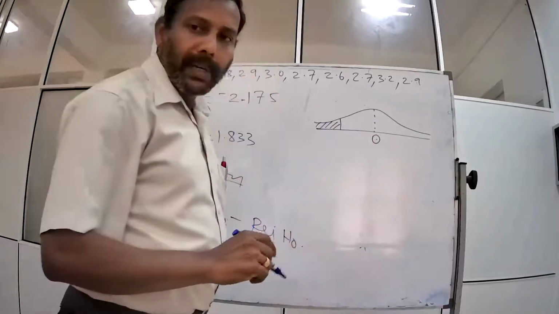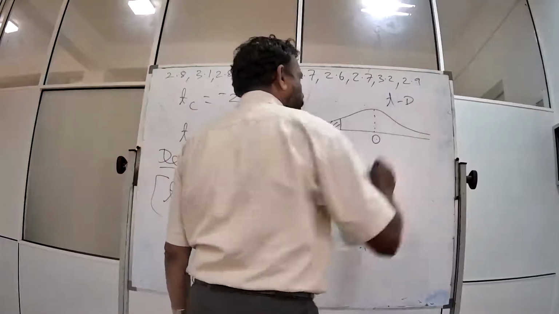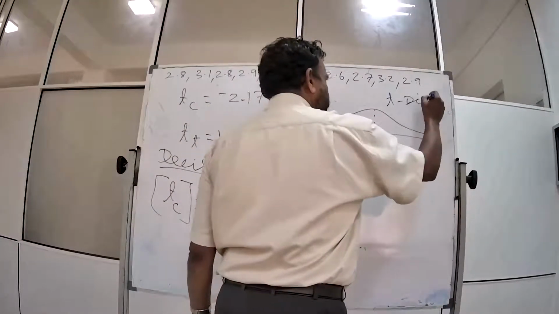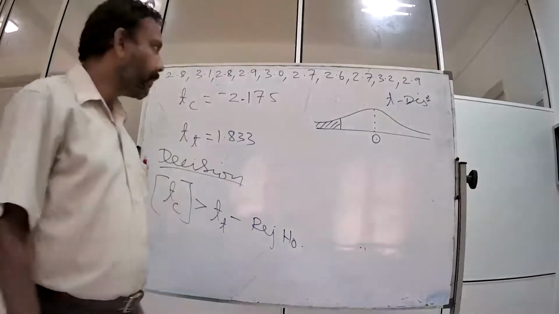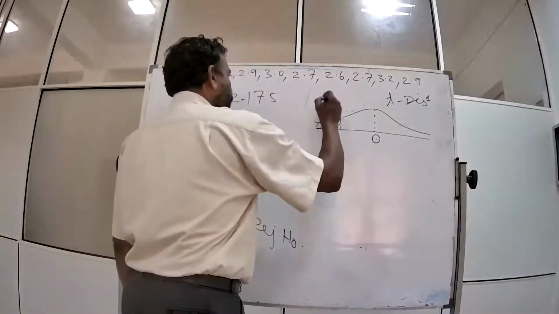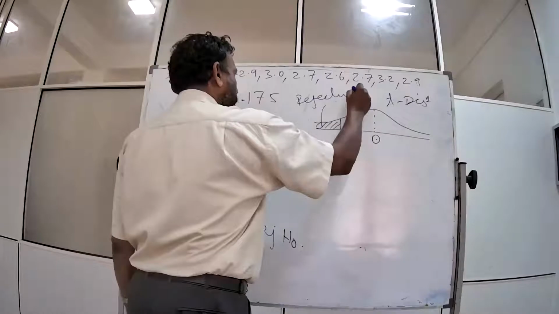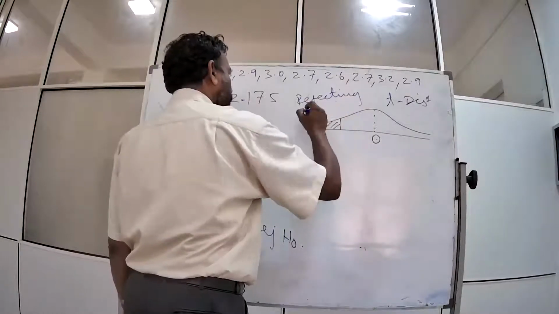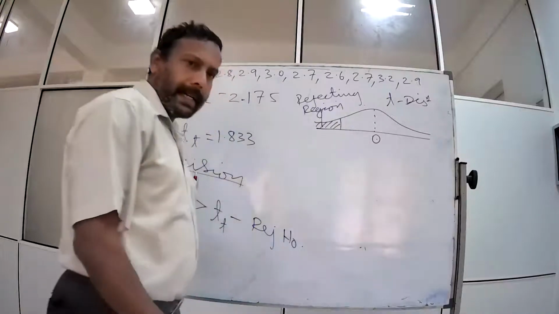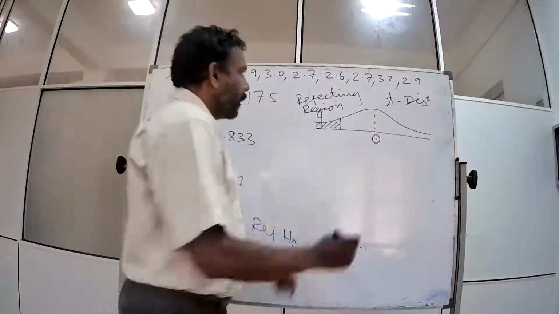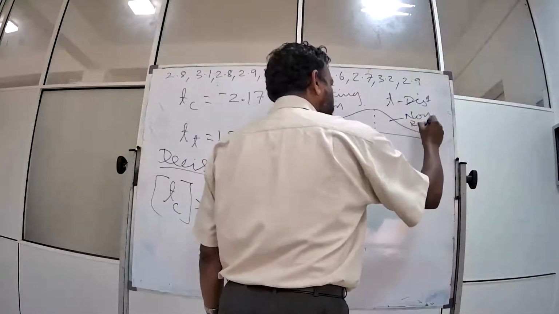We have converted this into the T distribution now. Clear? So this is called the rejecting region, and this is called the non-rejecting region.